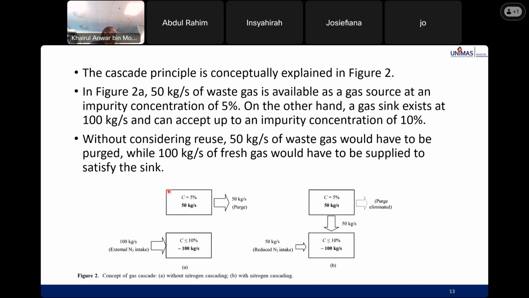So some of the 5% concentration here can be directed to this block diagram.